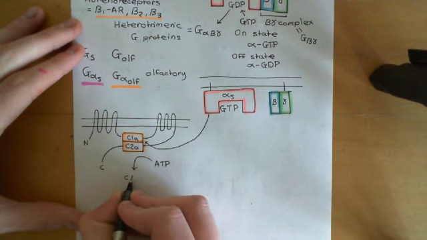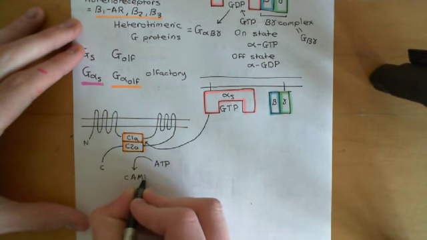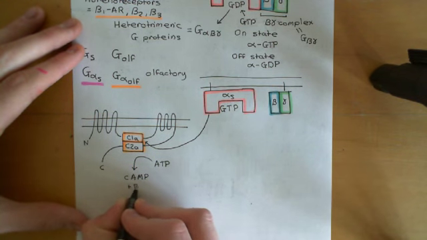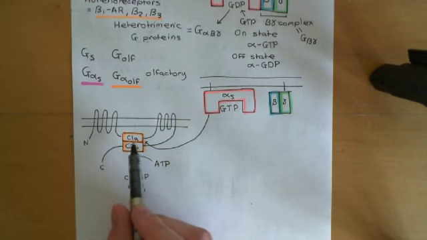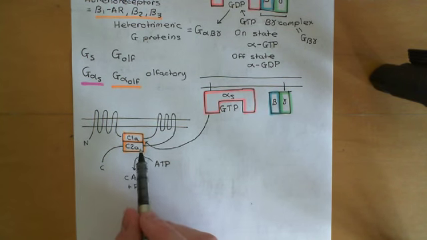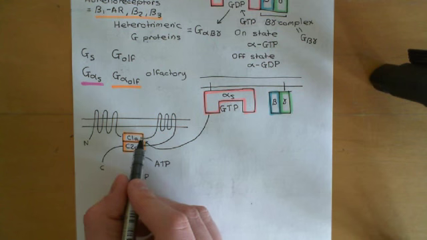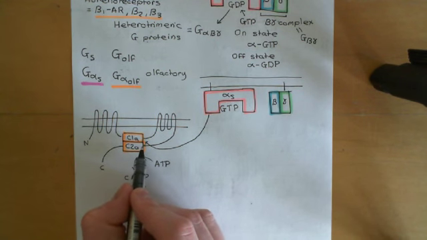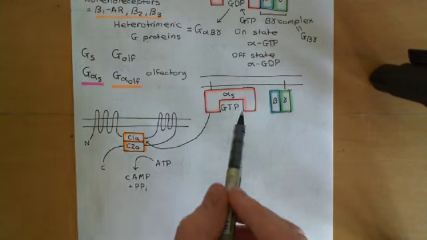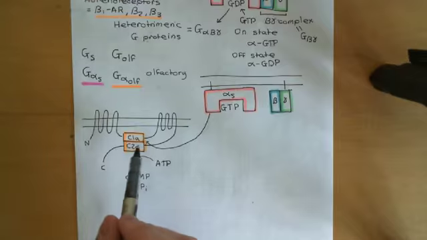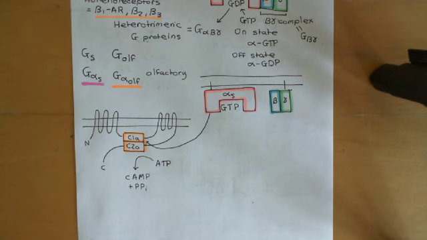Now, as I said previously, this is still controversial. The alpha S subunit with GTP bound to it is actually capable of binding to both the C1a domain and the C2a domain. So it binds to a little portion of the C1a and the C2a domain. And the people who are in favour of the theory where the adenylyl cyclase C1a and C2a domains are not pre-dimerized say that the alpha S subunit works by promoting the dimerization of C1a and C2a.